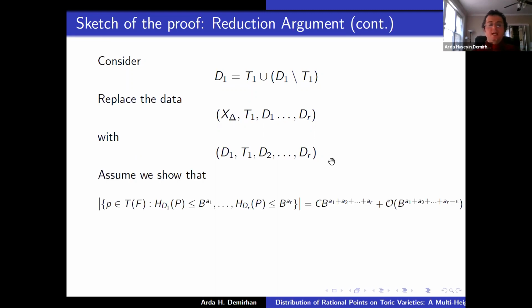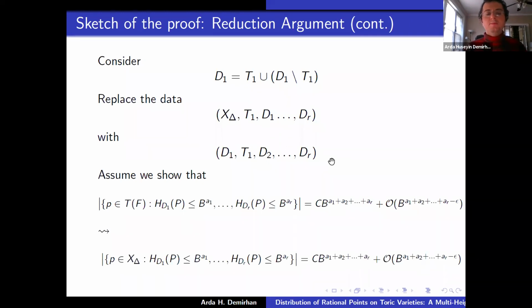More precisely, if we can show that the k-rational points of T whose multi-heights are bounded by some exponents of beta, B, is equal to a constant times some exponent of B plus an error term, then we can show the similar thing for the k-rational points of the toric variety. I mean, with heights again bounded by the same values, and it equals the same expression.